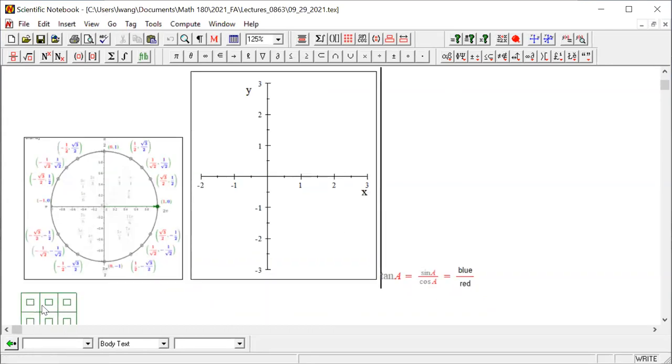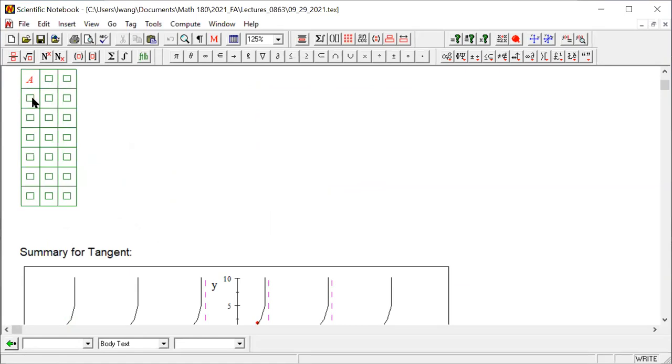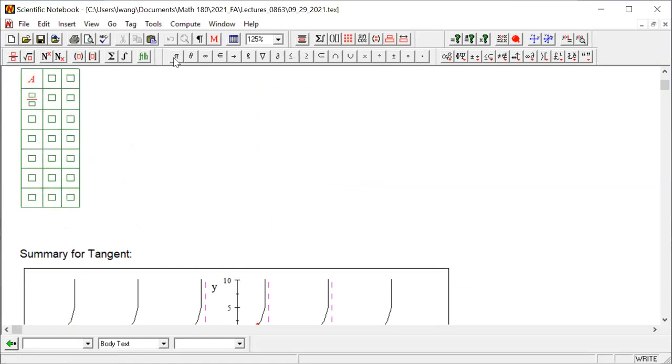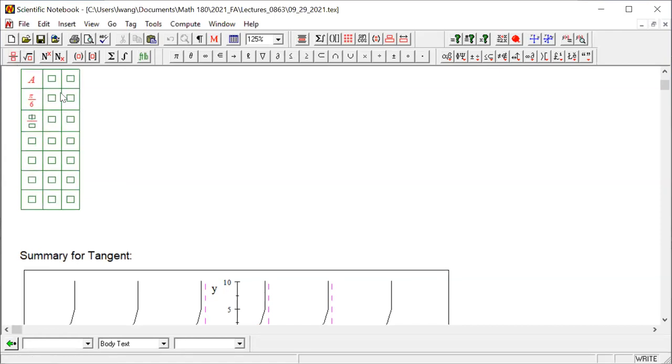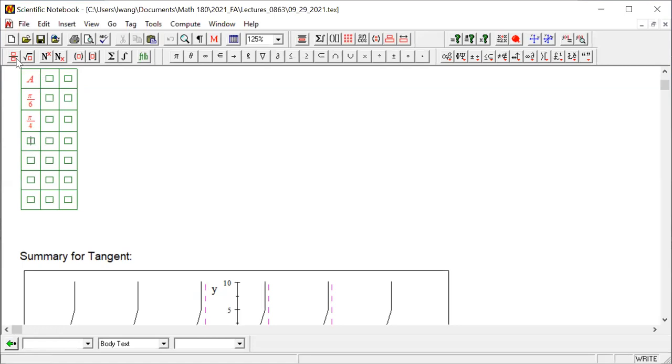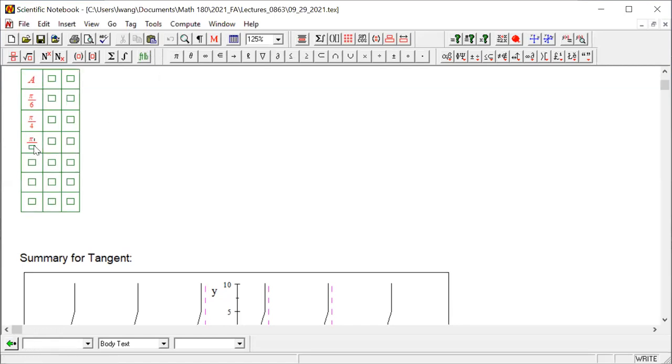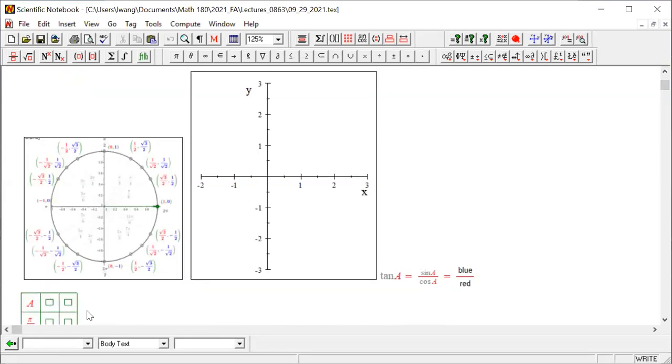The input angle, the first one I'm going to use is pi over 6, so you get familiar with this process. Pi over 4, pi over 3. You have that unit circle with you, right? And we're going to calculate the tangent ratio.